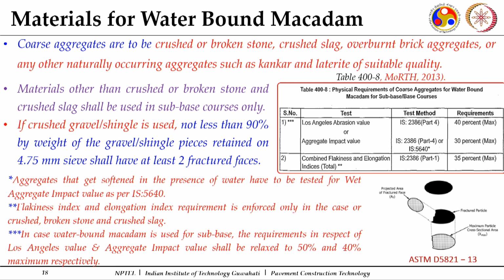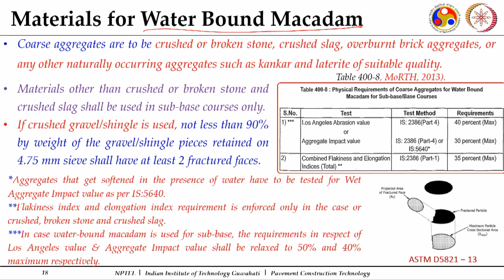Now, in granular courses there was another mix we discussed, the waterbound macadam. Most of the time this is preferred as a granular base course, or sometimes it can be used in the upper layer of the sub-base course also. Here again the requirement says what materials can be used.